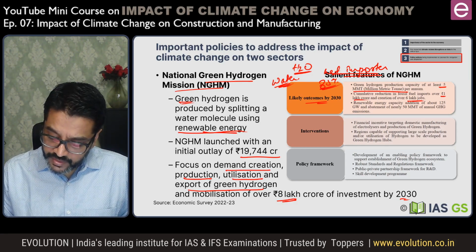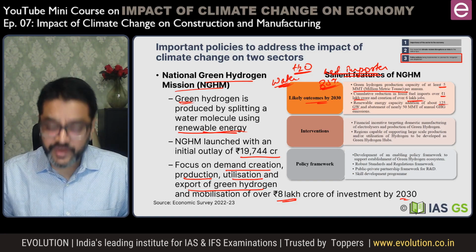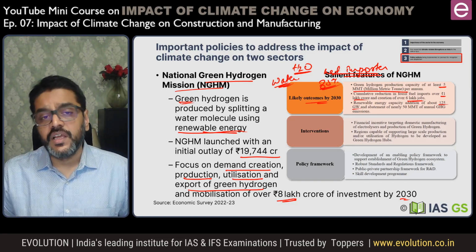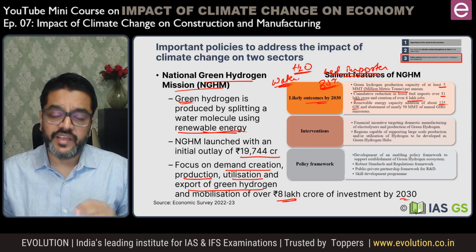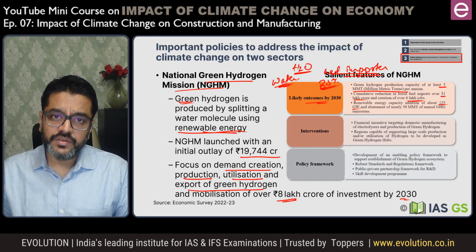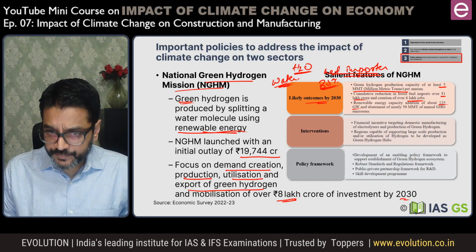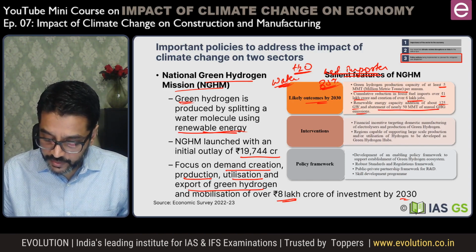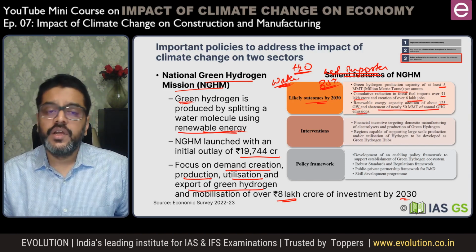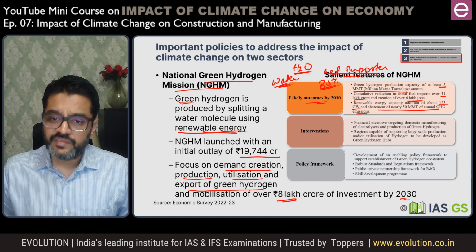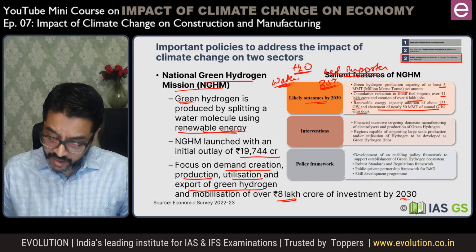And then overall renewable energy capacity addition of 125 gigawatts of renewable energy new can be created in India if we are able to achieve the objectives of this mission, right? And we will be able to abate, meaning we will be able to reduce almost 50 million metric tons of greenhouse gas emissions, right? And how we are going to do it?